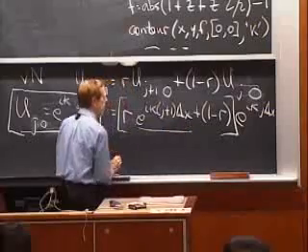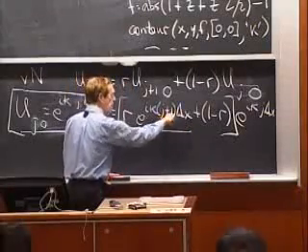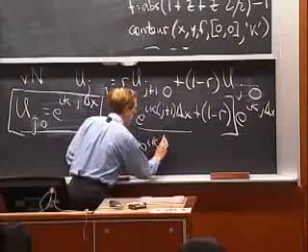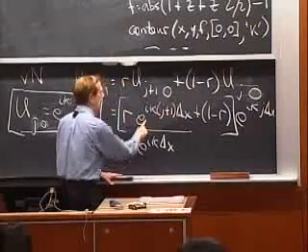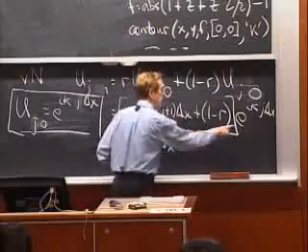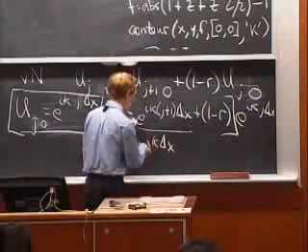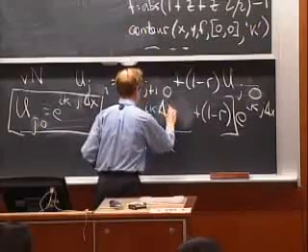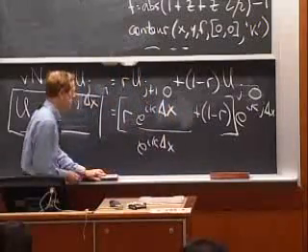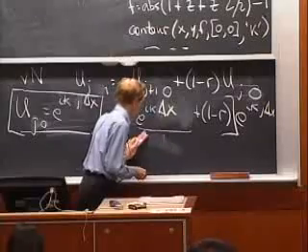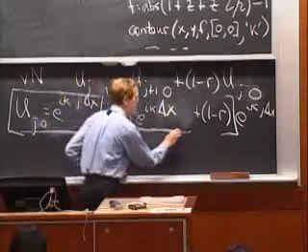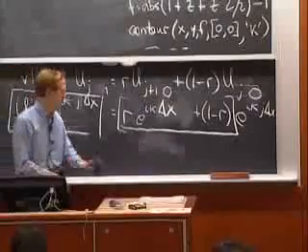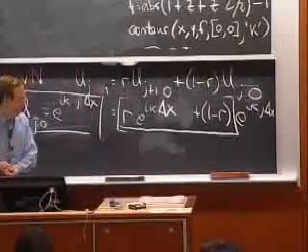That e to the i k (j plus 1) delta x factors into e to the i k delta x from the 1, and an e to the i k j delta x, which is over there. So I only wanted this much. Okay. Sorry that's on the permanent tape, but maybe it's okay.